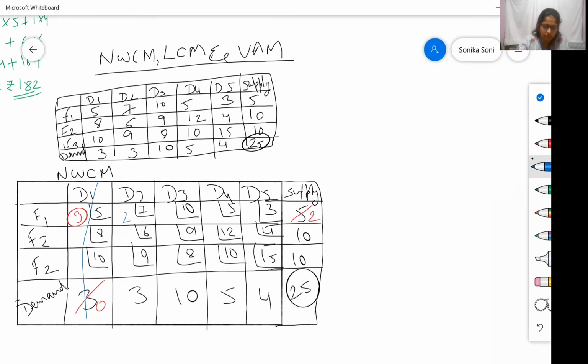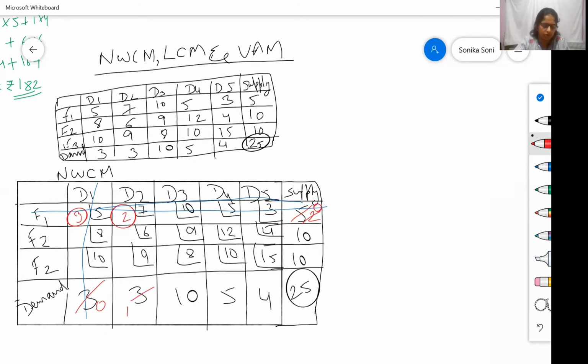So we can only allocate 2 here. Here the demand will become 1 and supply will become 0. So we cancel F1 row out as the supply has become 0.